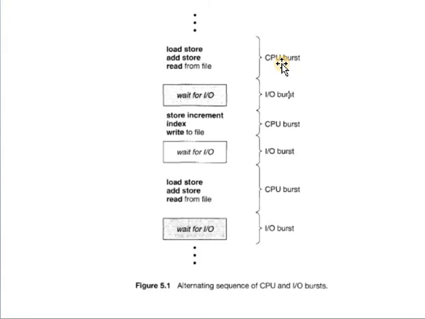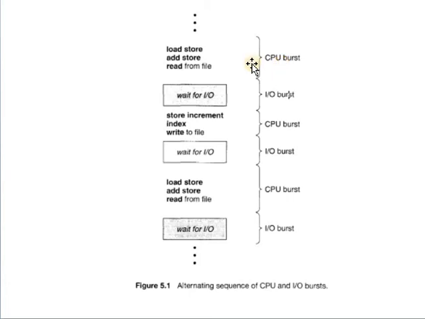In simple terms, the duration for which a process gets control of a CPU is the CPU burst time, and the concept of gaining control of a CPU is the CPU burst. Similarly, an I/O burst is the concept of performing an I/O operation.